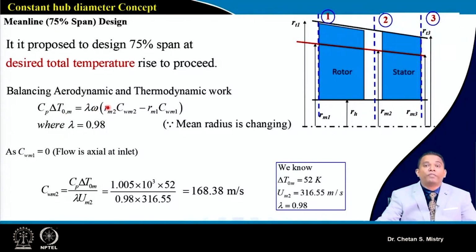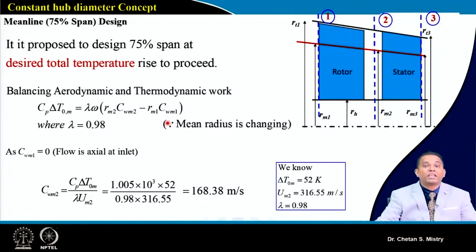Here we need to be very careful. When we were doing our design for the subsonic compressor, at that time we were writing that as U2 CW2 minus U1 CW1, because there U1 and U2, our radius, were coming to be the same.